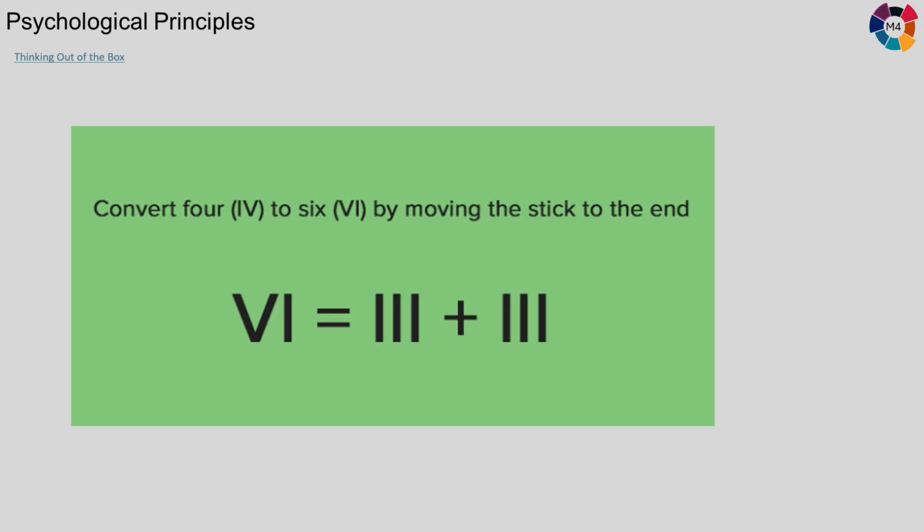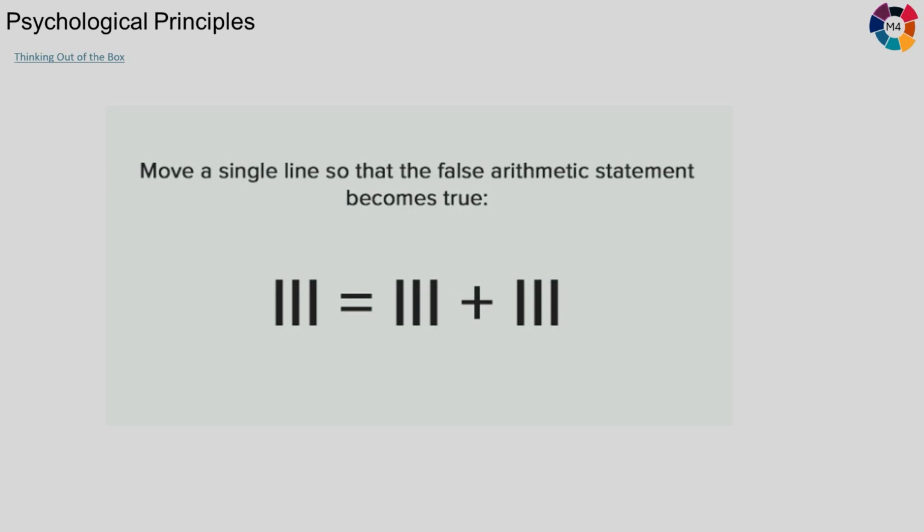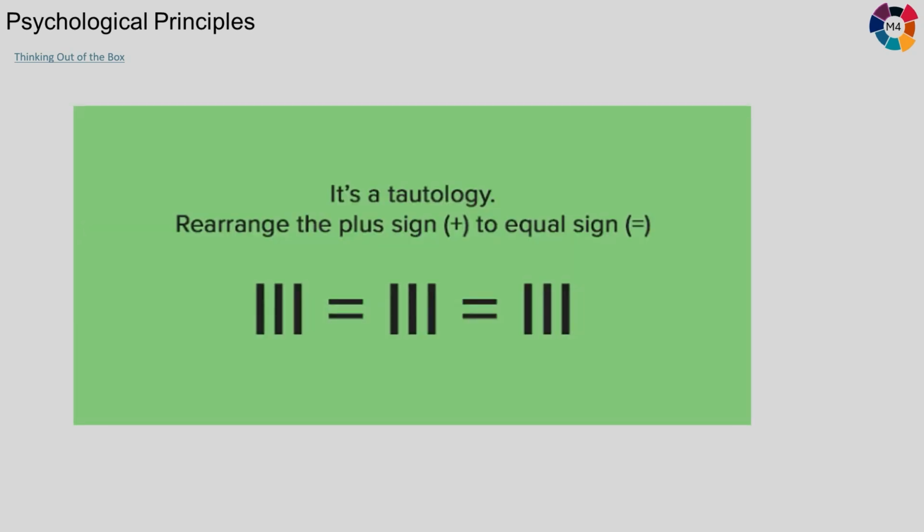Move a single line so the false arithmetic statement becomes true. It's a tautology, so rearrange the plus sign to make an equal sign.